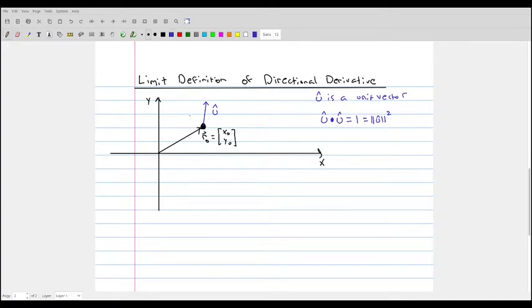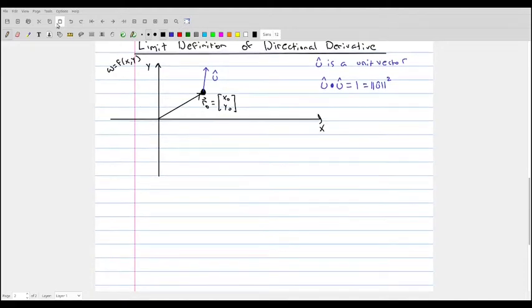And then lastly, we need a function to differentiate. So we need some function w equals f of x, y. Now again, it's important to note that the derivation and this limit definition hold in general for any number of variables. You can do this for a function of 3 variables, of 4 variables.